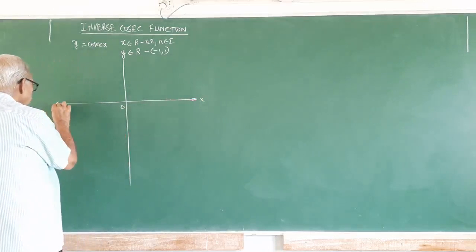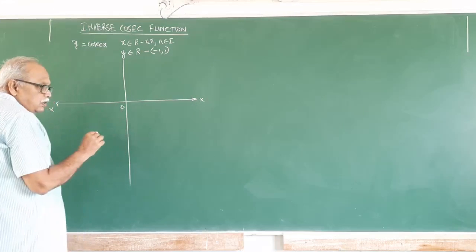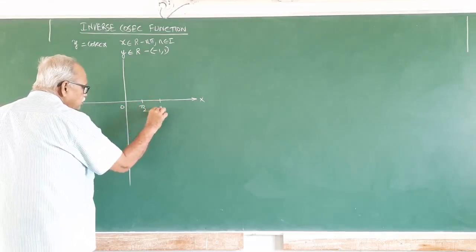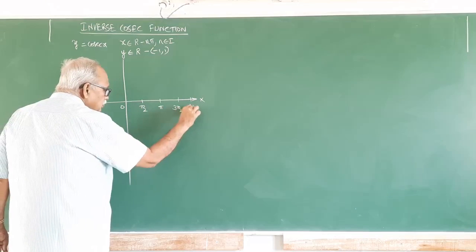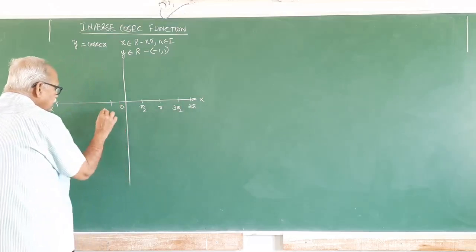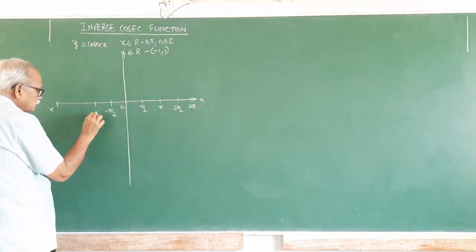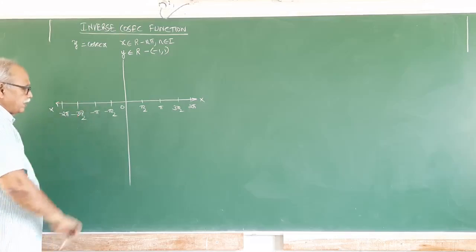The x axis, x dash, pi by 2, pi, 3 pi by 2, 2 pi, minus pi by 2, minus pi, minus 3 pi by 2, minus 2 pi.